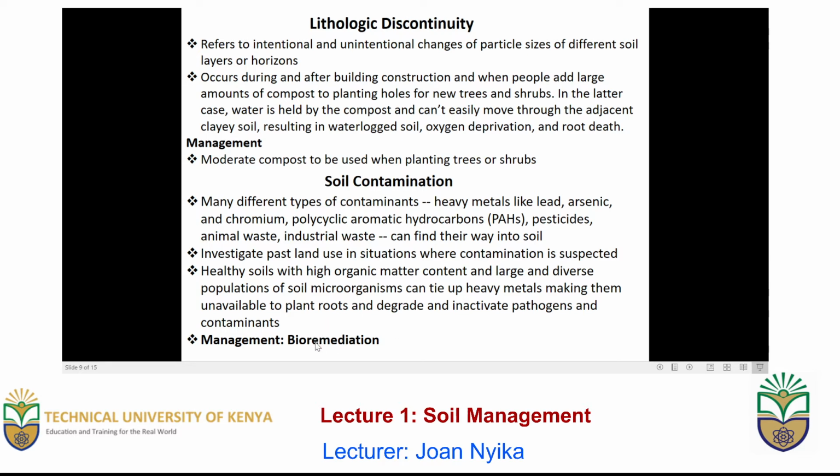Alternatively, you can use certain crops. Some crops have the ability to accumulate harmful foreign chemicals without harm to the crop, ensuring that the environment is clean. Another approach is that some microorganisms such as bacteria, fungi, and viruses have been used to take up these kinds of chemicals, such as heavy metals and plastics, and eliminate them from the soil to ensure that plants grown in such land are healthy.